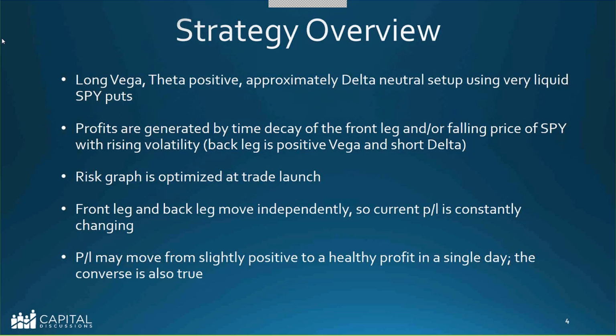I like to use SPY because they're liquid. I think I've tried diagonals using SPX and other instruments, but I haven't actually tried SPX with this particular variation, nor have I tried futures with this particular variation. I think it would work, but in the interest of full transparency, I haven't tried it.